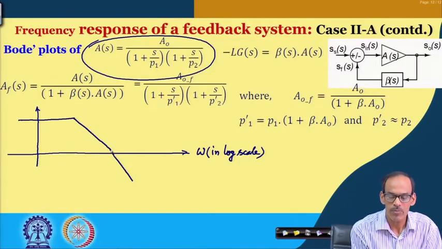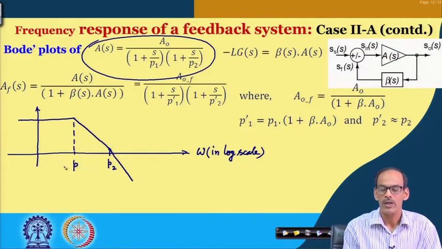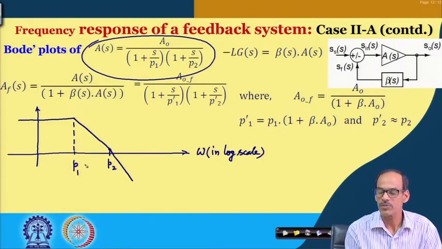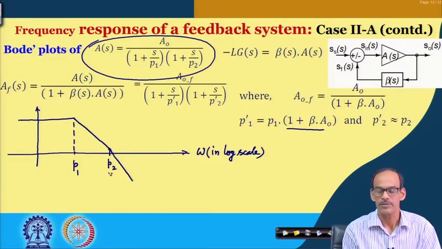So, it is having a pole here, say P2, and here it is P1, and we assume that once this P1 gets shifted by this factor, P2 is even beyond that.